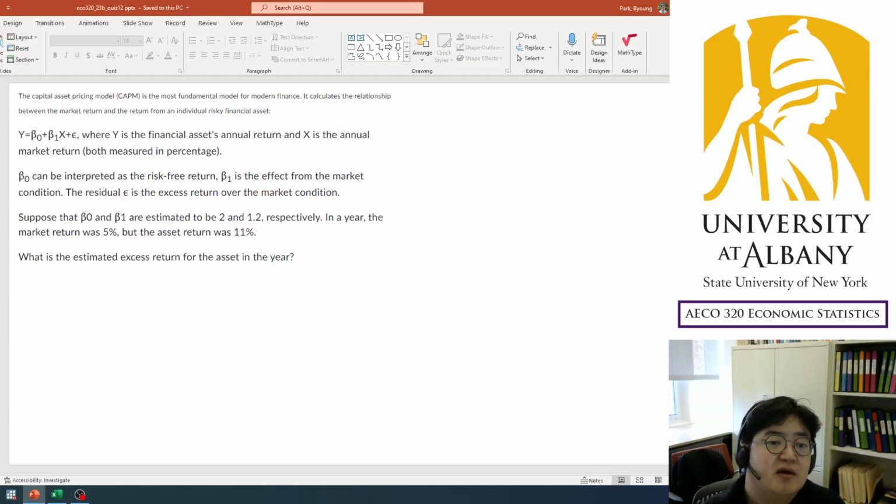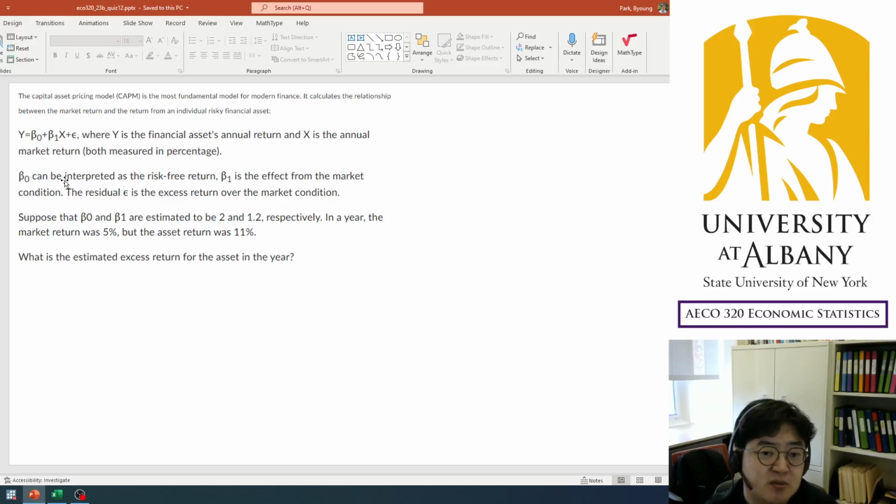Next, the capital asset pricing model, the CAPM model, is a really famous model, the most fundamental model for modern finance. It calculates the relationship between the market return and the return from an individual risky financial asset. So we set a linear regression type model where y is the financial asset's annual return, and x is the annual market return.